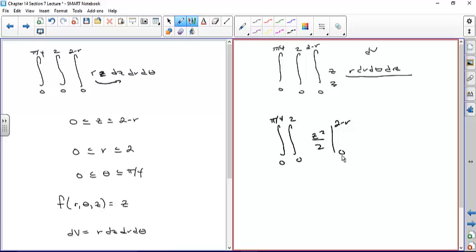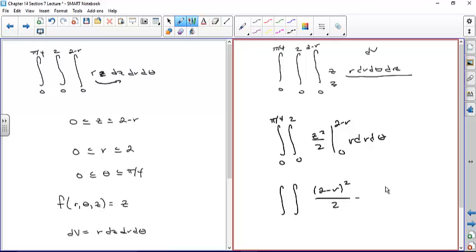So we plug that in, and we've got r dr d theta still left over. Then you plug the limits in. So you'll get 2 minus r squared divided by 2, minus, not 2 minus, just 0.